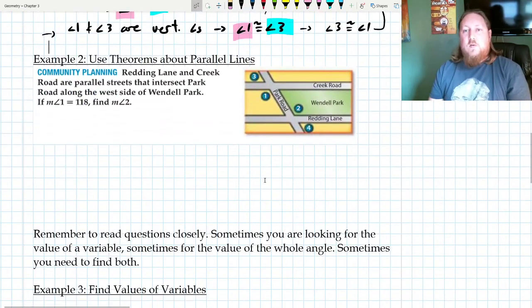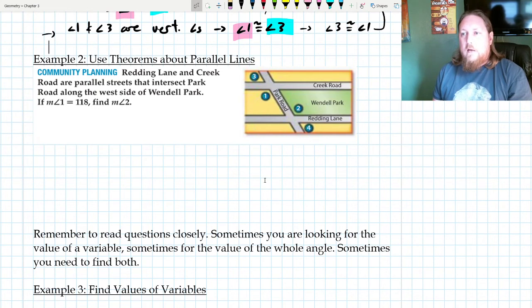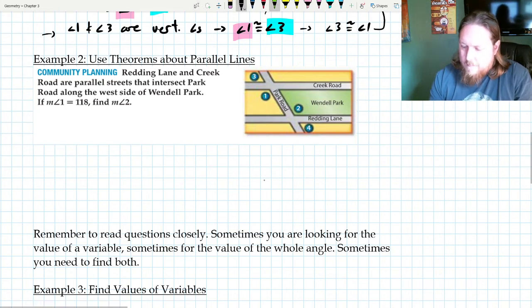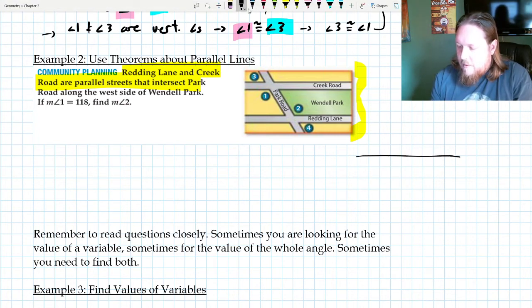So now let's use those theorems. Reading Lane and Creek Road are parallel streets that intersect Park. So what that first sentence describes to me is this image here on the right. I'm going to draw a simpler version of that. I have Creek Road, Reading Lane.